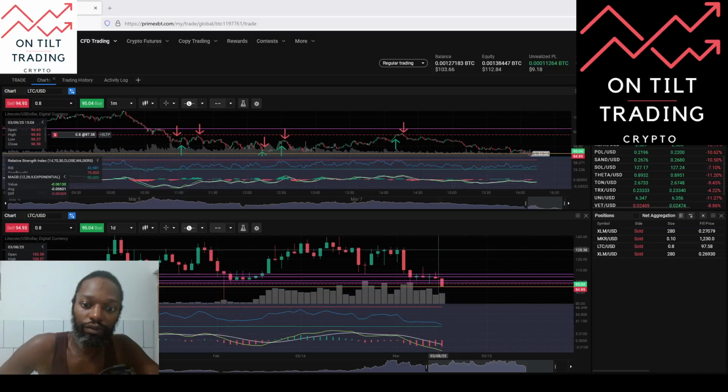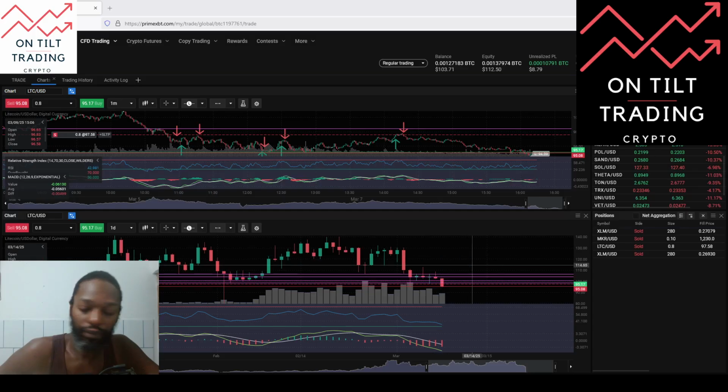If I hover over, you'll see RSI is 34. It was a little higher earlier, but since it's been selling off, it's lower. So anything under 50, I only want to short it. Anything over 50, I only want to go long. Only want to buy. So today I was selling.